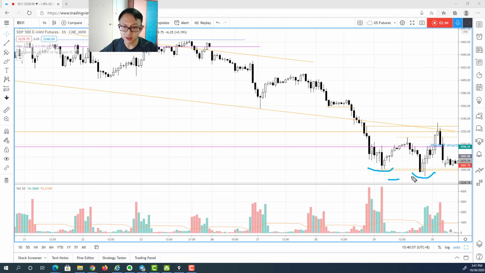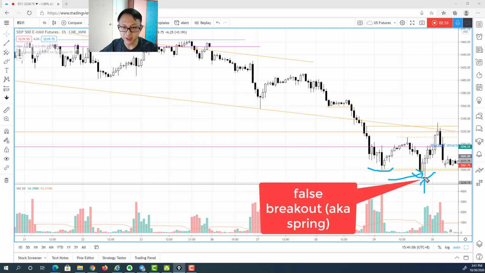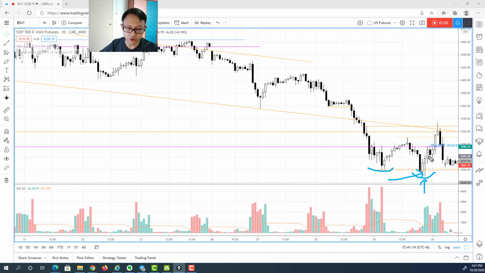Indeed, the first hour bar here at about 9 p.m. in my time zone created a false breakout or spring setup, and right after this it provided a very textbook style pullback trading opportunity to ride the trend up.